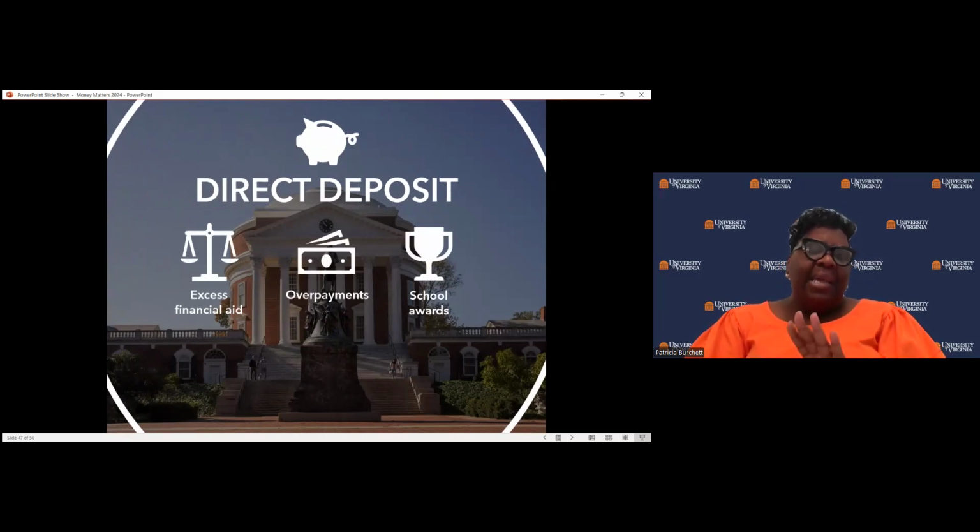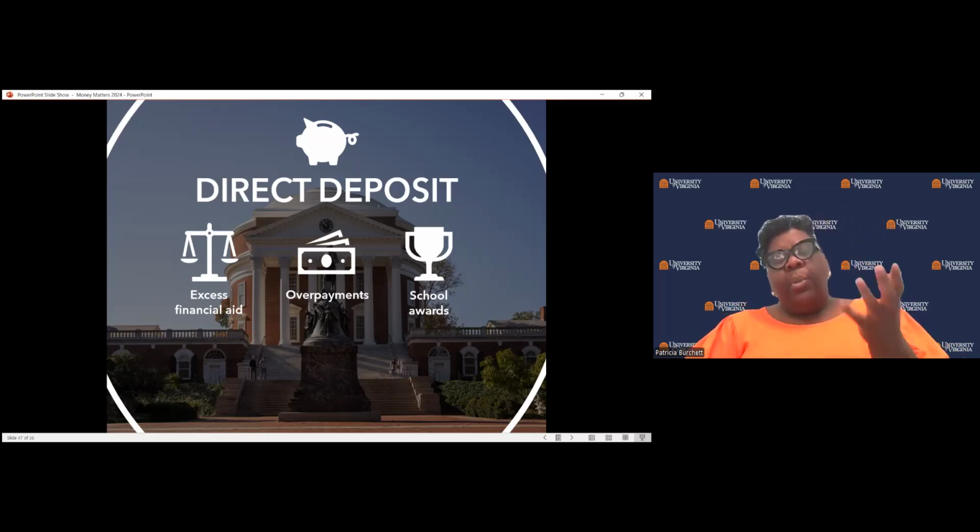That excess money could be payable to the student because it is an excess of financial aid or can be an overpayment of some sort. An overpayment also can be if you as a parent or someone pays more than what the charges are on the account. And then direct deposits are used for any kind of school awards.